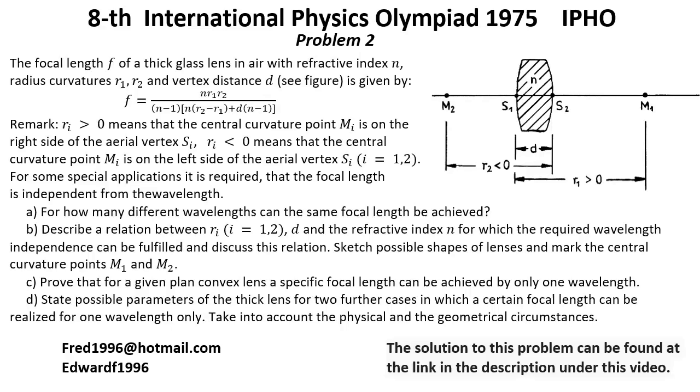Remark: Ri greater than 0 means that the central curvature point Mi is on the right side of the areal vertex Si. Ri less than 0 means that the central curvature point Mi is on the left side of the areal vertex Si, where i equals 1 or 2.